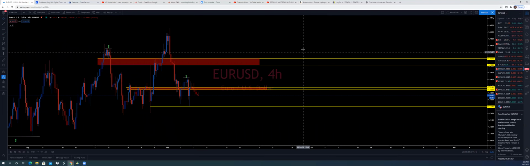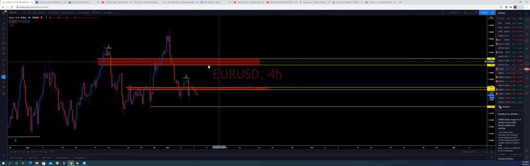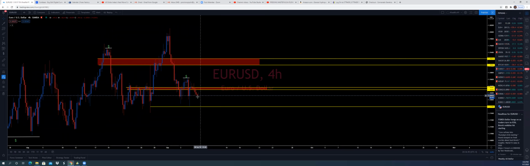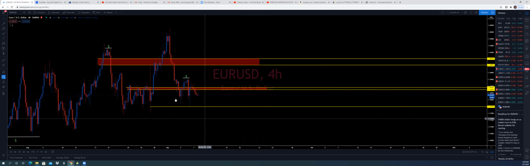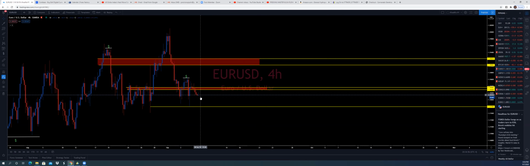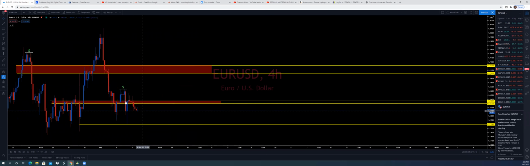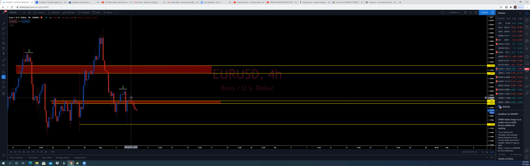So moving on to Euro USD, we're gonna be looking at Euro USD selling back down to retest this low at 1.1779 right here. Of course, we know that Euro USD moves opposite of the dollar.